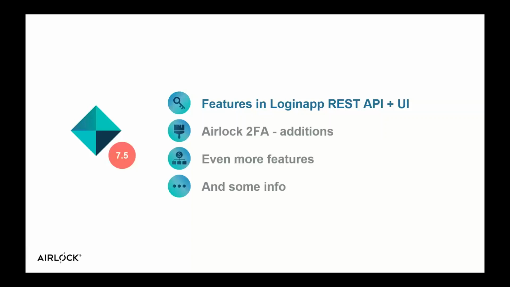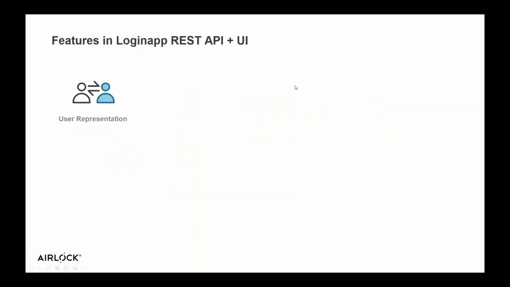About the timing, I'm going to show you a slide later, but this is the reason why many features which we included now are focused on moving features from the classical Loginapp to the Loginapp REST API, features such as the user representation.